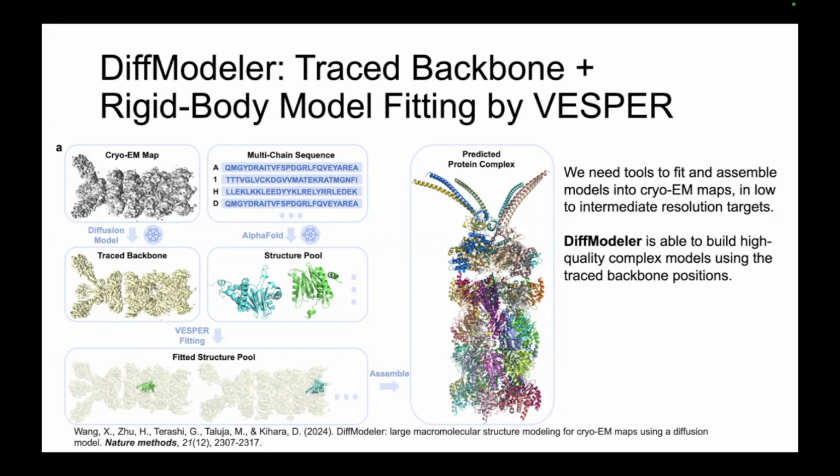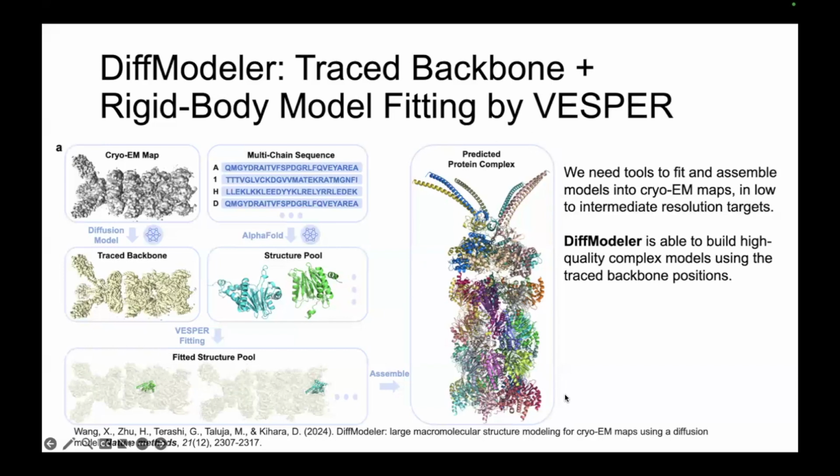Once we generate the structural models, DiffModeler automatically fits these individual chains into the enhanced backbone positions. Then we have a lot of candidates for the positions, and it can automatically assemble them into the entire protein complex structure.